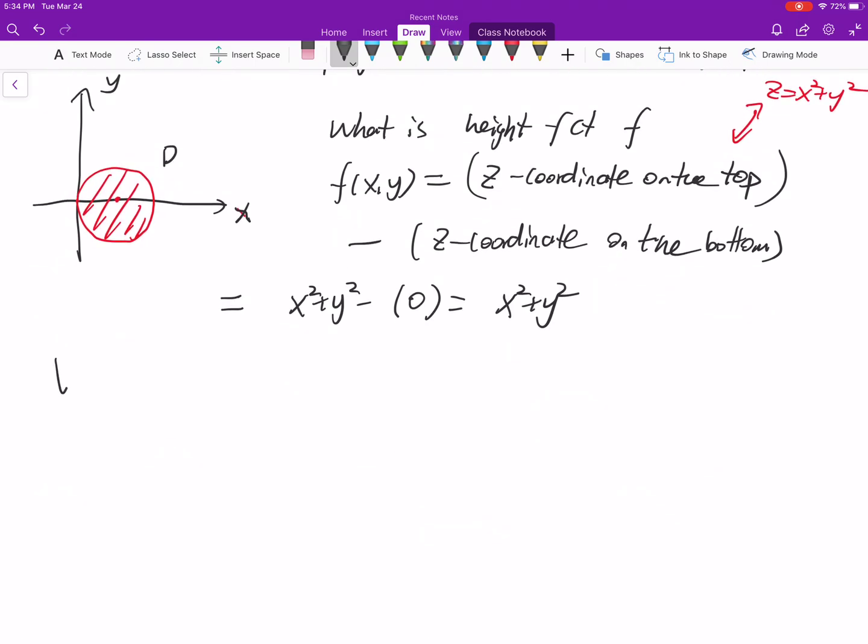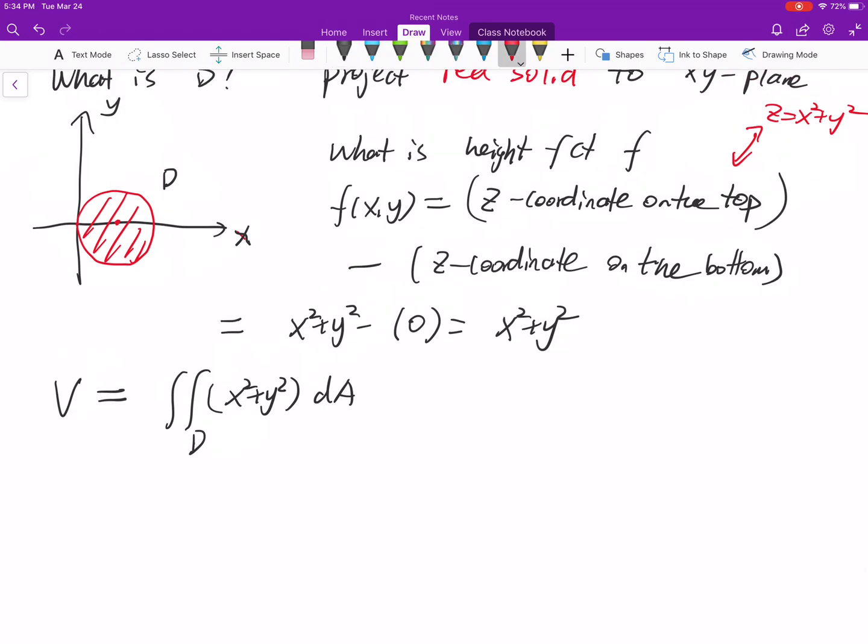Okay, now the volume is simplified to the integral of function x squared plus y squared over the domain D. D is here. It's not so easy to calculate because, you can view it as type 1, you cut it in two parts.